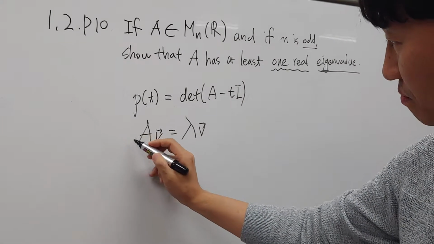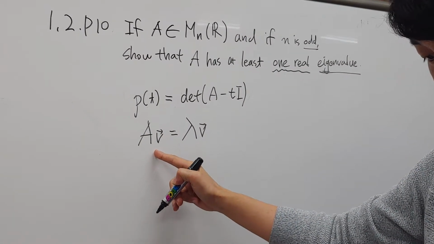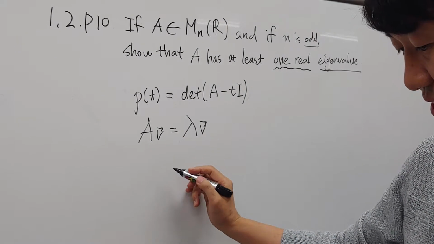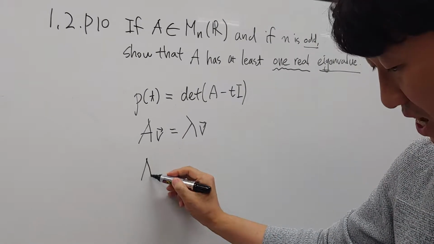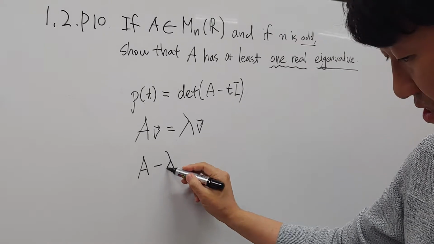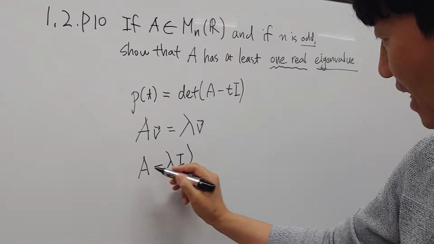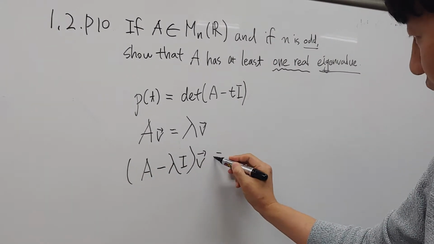If we rearrange this formula, we can write it as (A minus lambda I) times vector v is equal to 0.